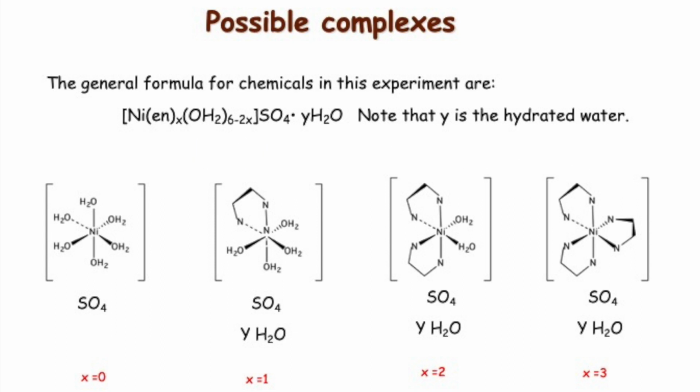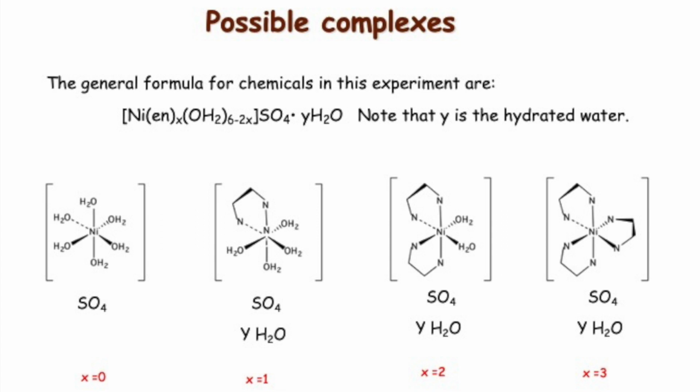Here's how this general formula works in terms of this structure. When X here is 0, that means there is no ethylenediamine. 6 minus 0 is 6 waters. You have a sulfate, and then there's other waters that are going to be outside the coordination sphere. The coordination sphere means whatever is bonded to nickel, because those are the chemicals that are attached directly to the nickel.